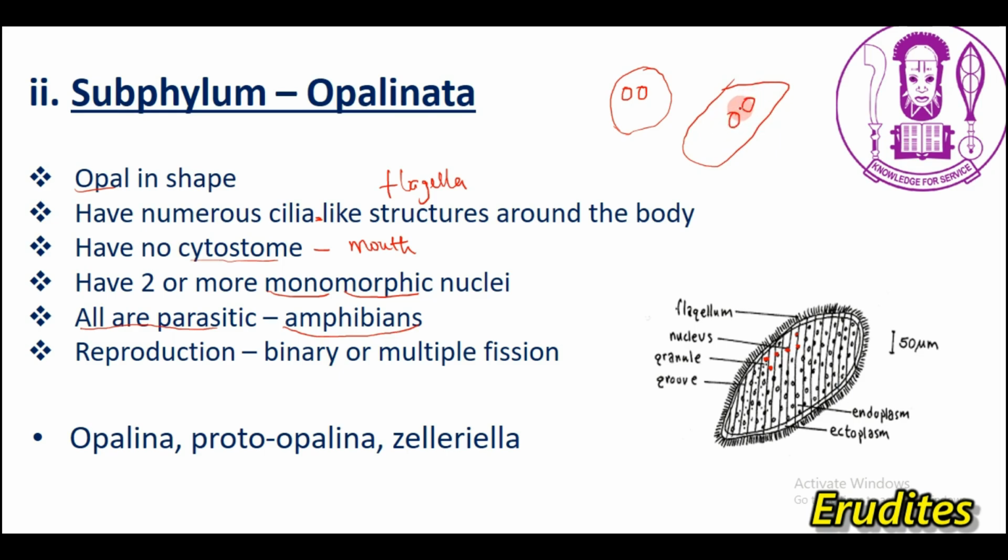In binary fission, the nuclei will divide into two, and each fragment of these two nuclei will develop into a new organism. In multiple fission, the nucleus will divide into many fragments, and each fragment will develop into a new organism. So reproduction in Opalinata is by binary or multiple fission.